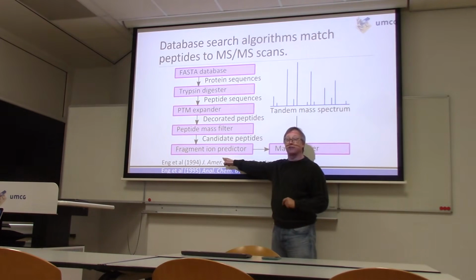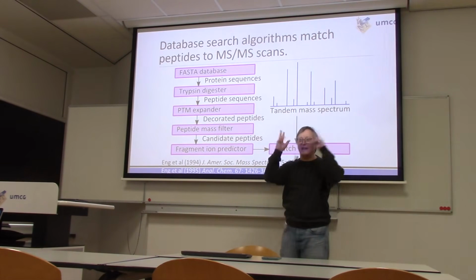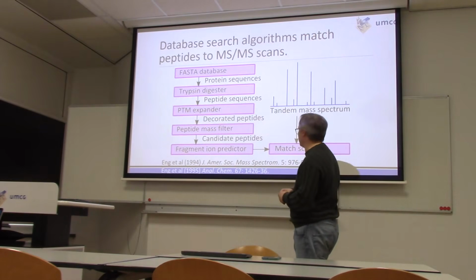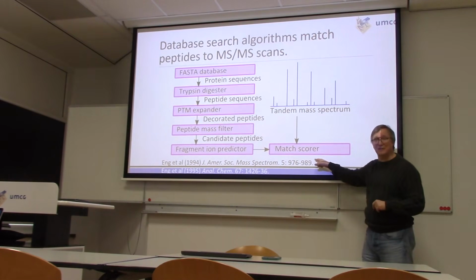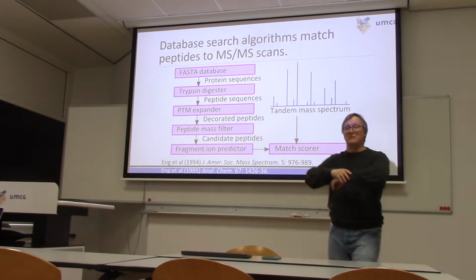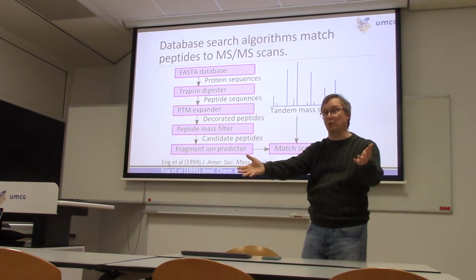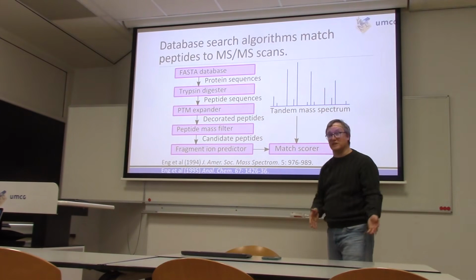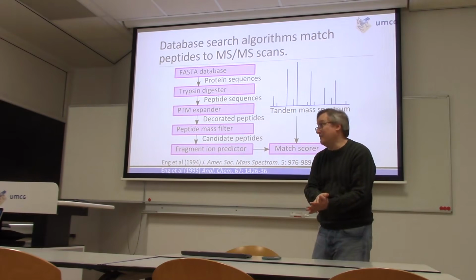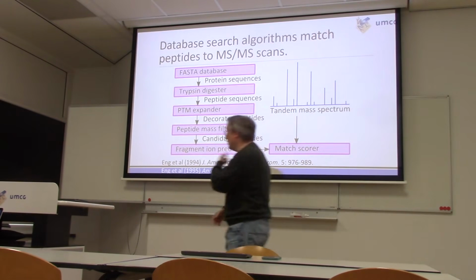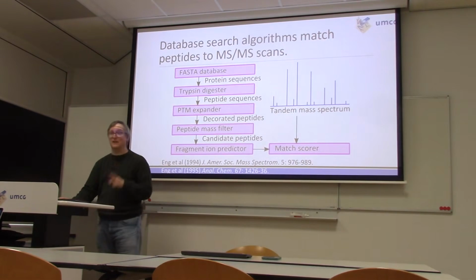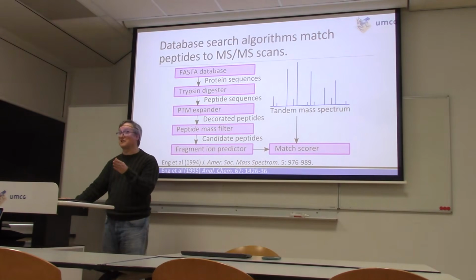And finally, I'm going to have a slide about how we predict what the MS-MS should look like for a given candidate peptide to be compared to this spectrum. And finally, we have to have some way of saying, given the prediction of what the spectrum looked like and what we've actually observed for this spectrum, do they line up or not? So we'll have to talk about all of those things in follow-up steps. And then we're going to take a break because this gets exhausting fast.